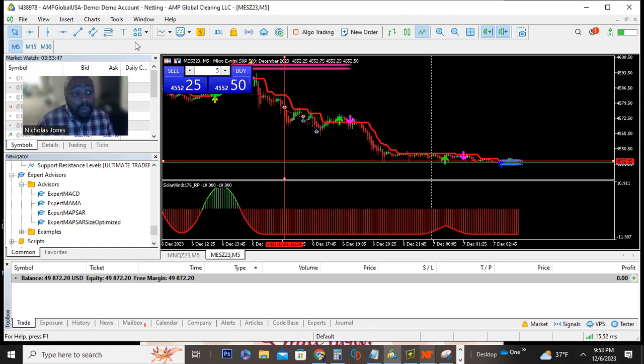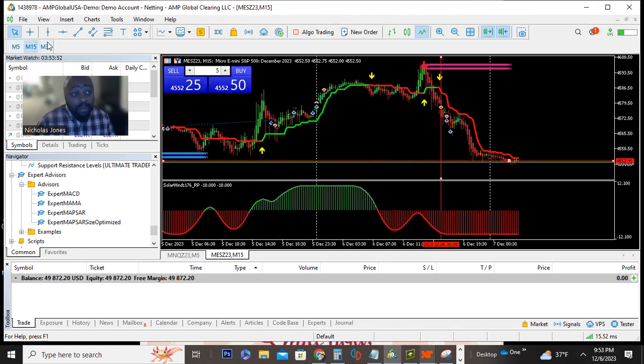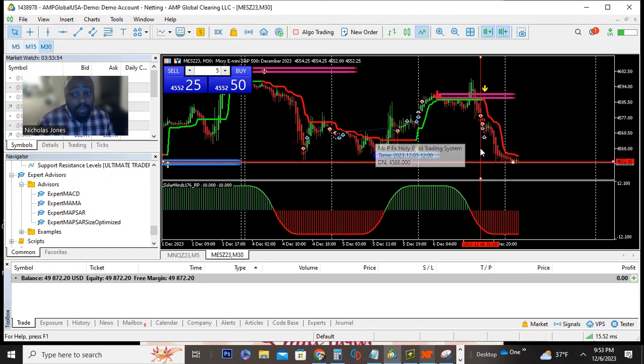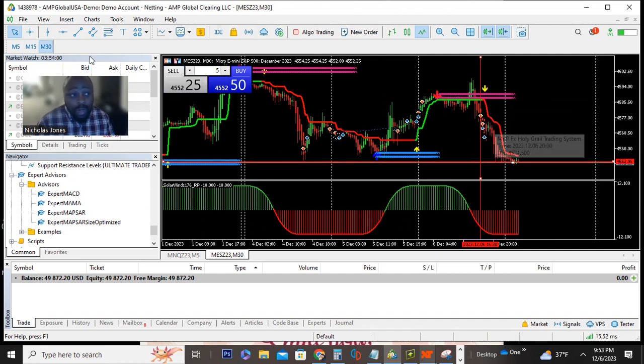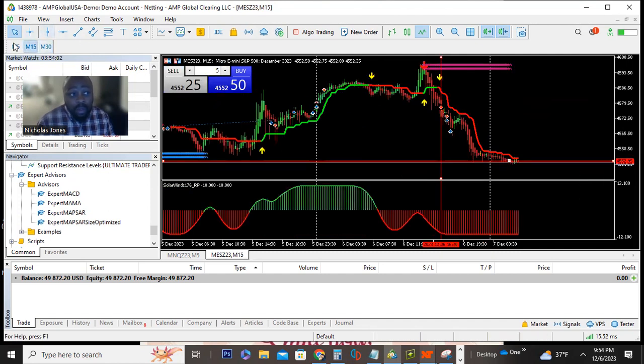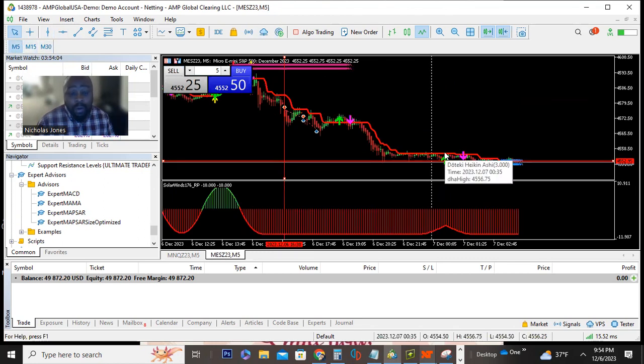So red, red, red. And then we have our Holy Grail, which is red here also. All three of them are red. So it's common sense that the market was going downwards.